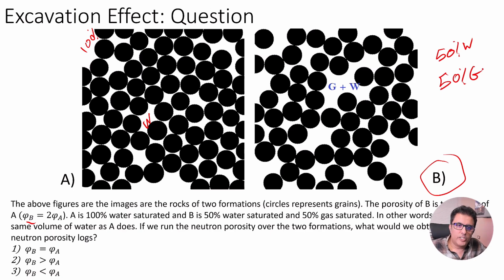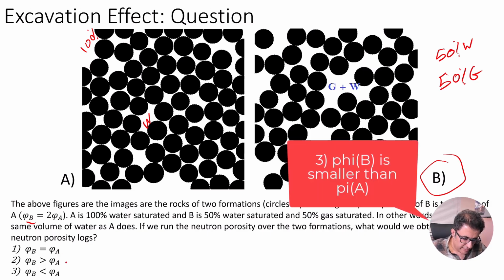Now assume that we run the neutron porosity log over the two rock types, and let's see which of these three options we may see. One, phi b is equal to phi a. The second, phi b is less than phi a. And the third, phi b is greater than phi a.